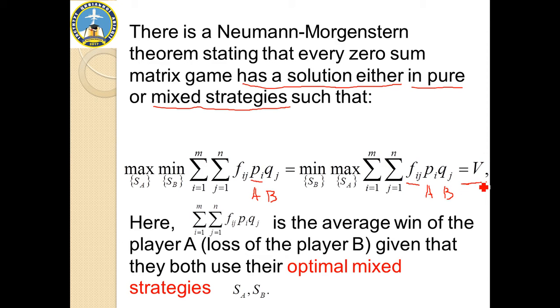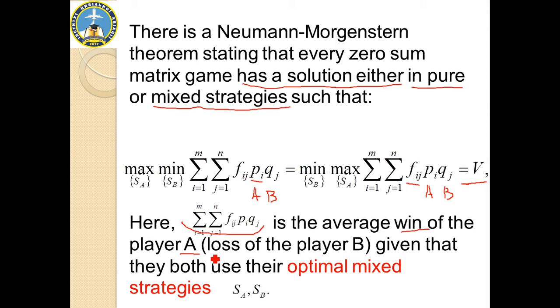In the previous case, this price of the game was reached only when the payoff matrix had a saddle point. Now, using the combinations of different strategies, we can reach the solution when the maximin approach and minimax approach can be reached at the price of the game meeting point. This sum is the average win for one player, player A, supposedly.